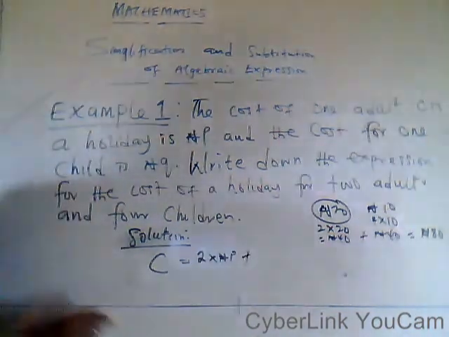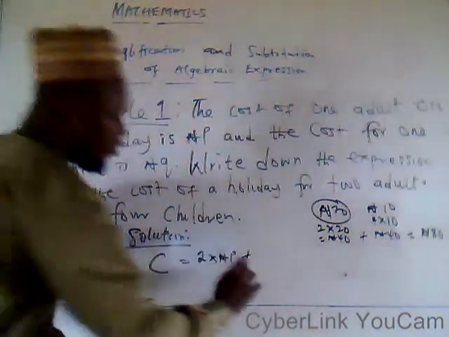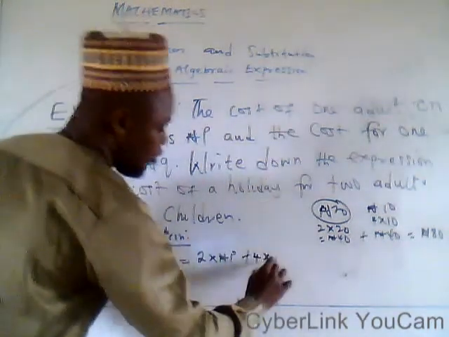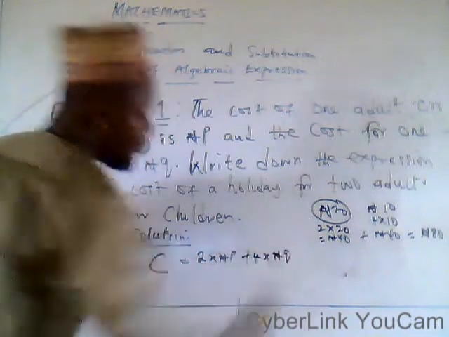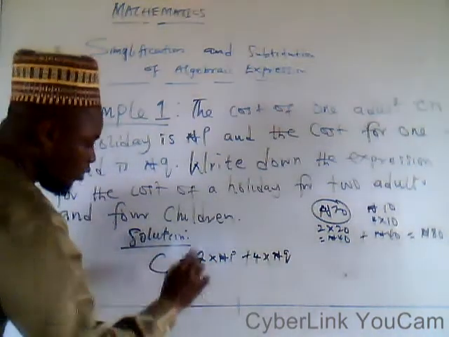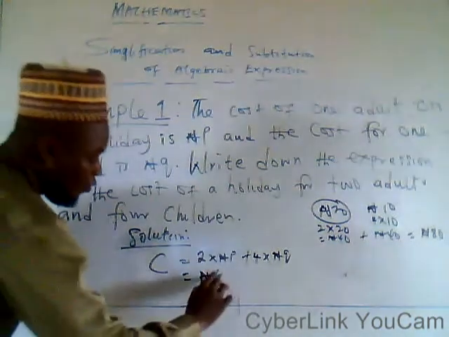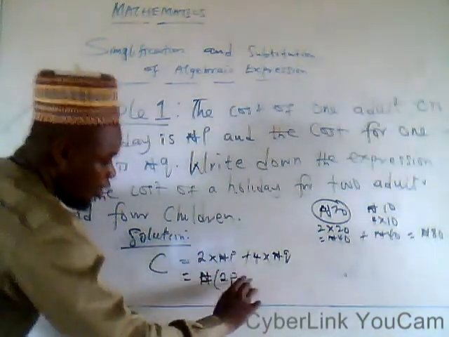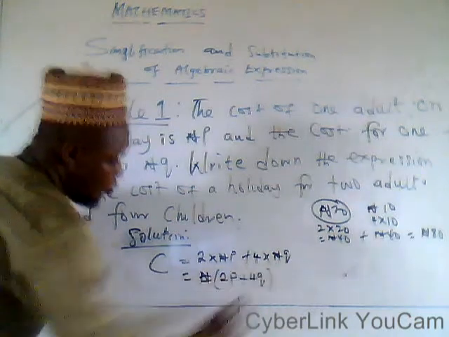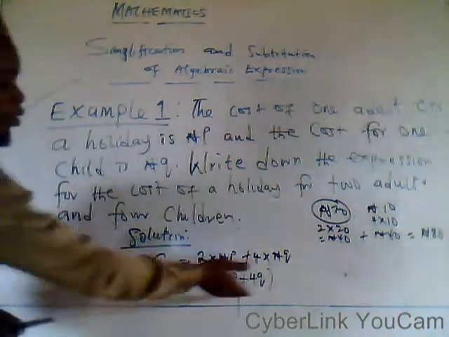Plus for the children, you are going to have 4 of them multiplied by Q naira. So in total, you have your naira sign, open bracket, 2P plus 4Q naira. So this will be your answer.